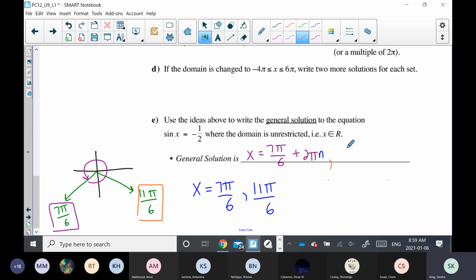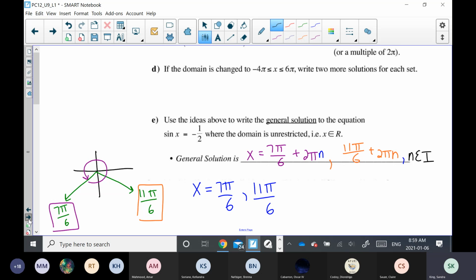So the second solution was 11 pi over 6 plus 2 pi n. Once I have both of those general solutions written, I could then add at the end of this, n belongs to the element of the integers, just to say that I could be adding or subtracting 1, 2, 3, however many times I want. So that's how we would get our general solutions.